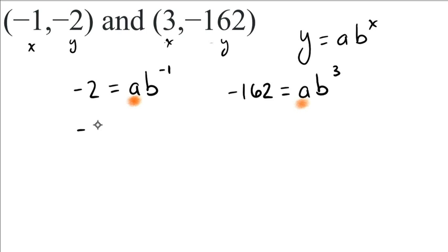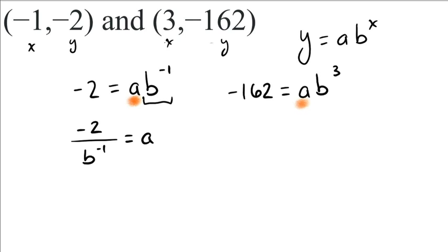So I have here -2 divided by b to the -1st power. That is what a is. I had this b to the -1 on the left-hand side. I divided both sides by it, and this is what I get.